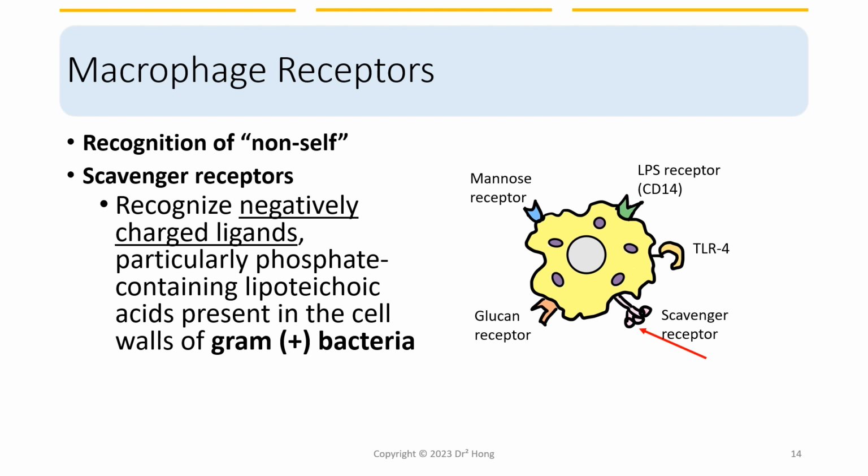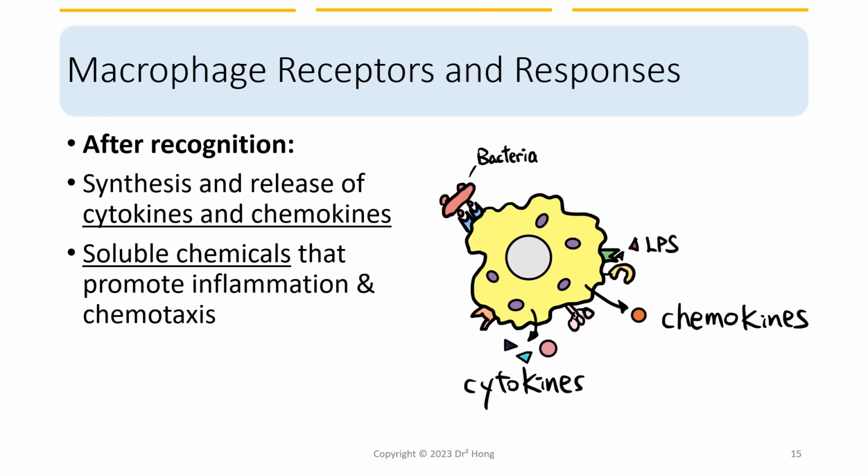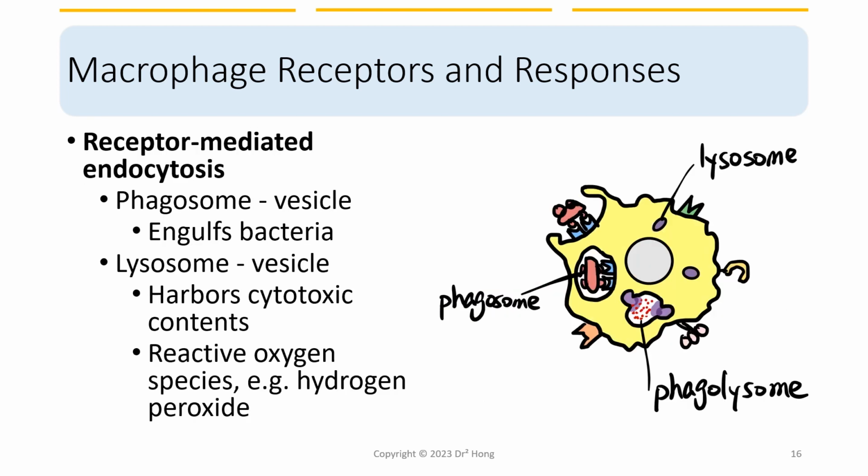After recognition, bacteria will bind to macrophage receptors, and this will initiate the release of cytokines and chemokines, which are soluble chemicals that can promote inflammation and chemotaxis. Along with the binding process, it will also initiate receptor-mediated endocytosis, meaning a phagosome will form, engulfing the bacteria.